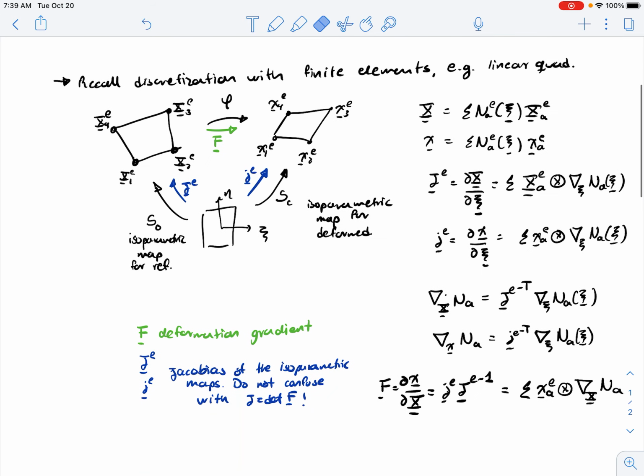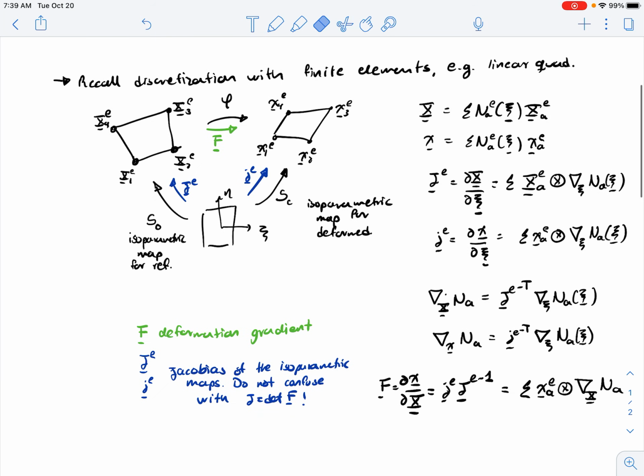And so just to give you a refresher of the discretization. So we have the weak form, and then we want the discrete weak form. And for the discrete weak form, we need the discretization first. So for example, for the linear quadrilateral, we have some nodes, and we have the coordinates of the nodes, both in the reference and the deformed configuration.